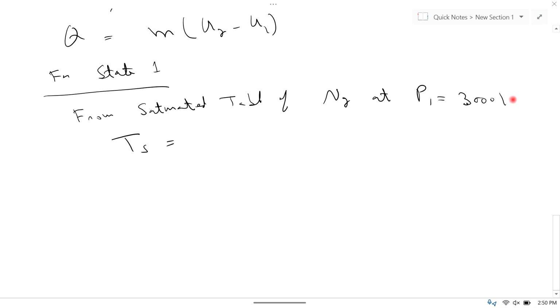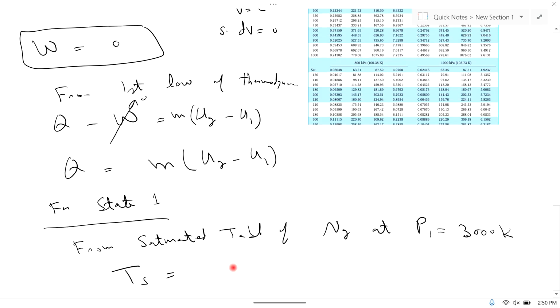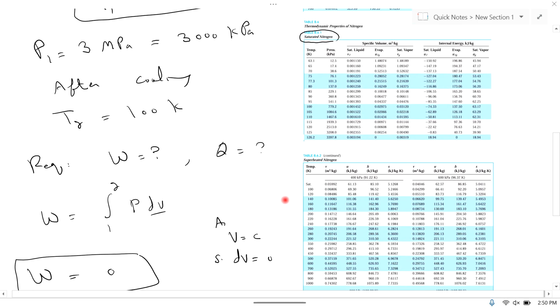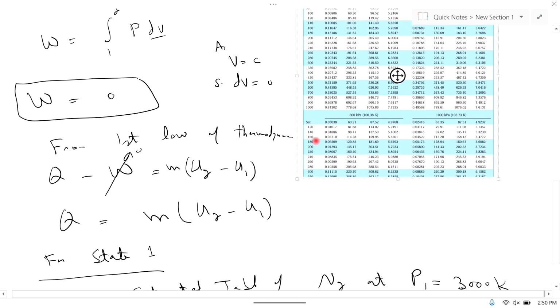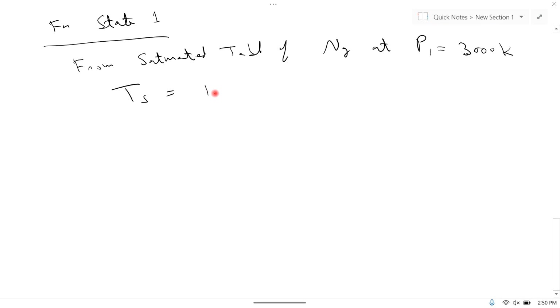In front of pressure 3000, find the saturation temperature. So this is almost 3000, more than 3000, and at this point the saturation temperature is 125. It means that at 3000 it will be less than 125, almost 122 or 123 Kelvin approximately.